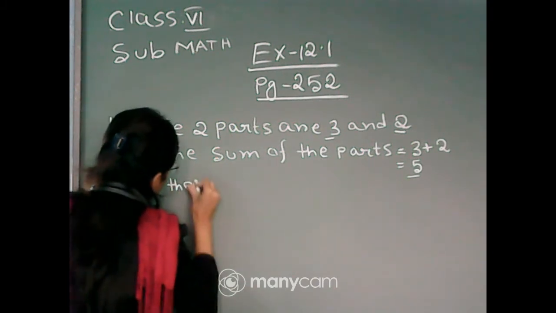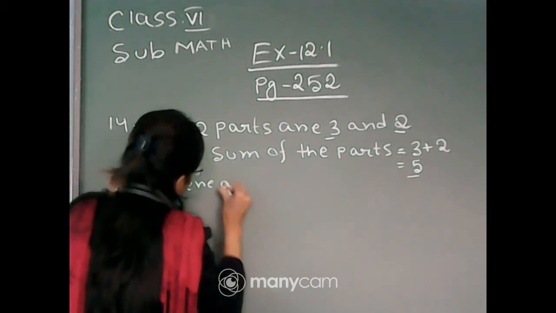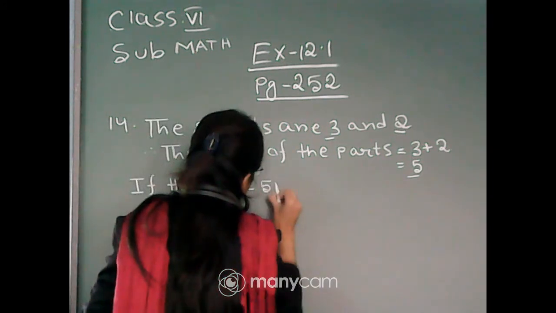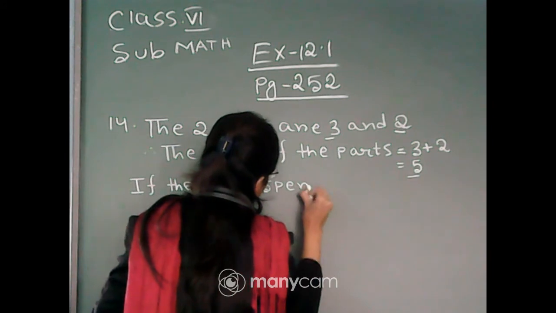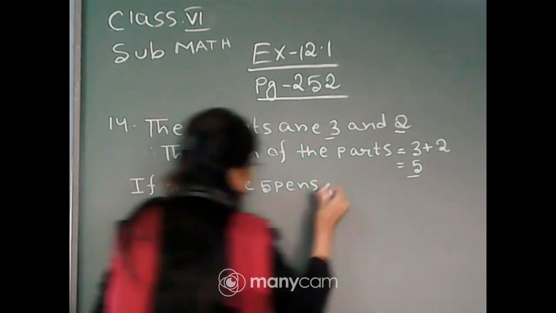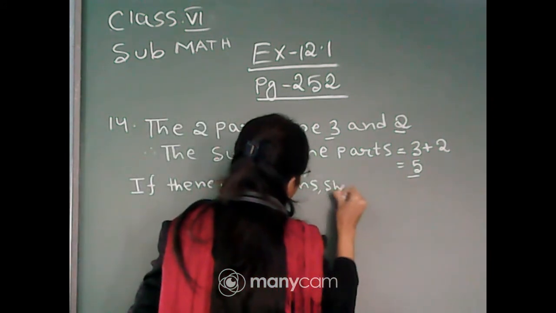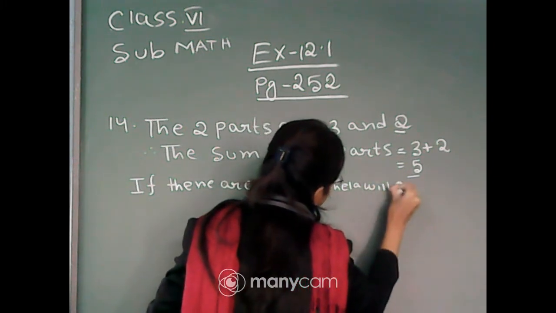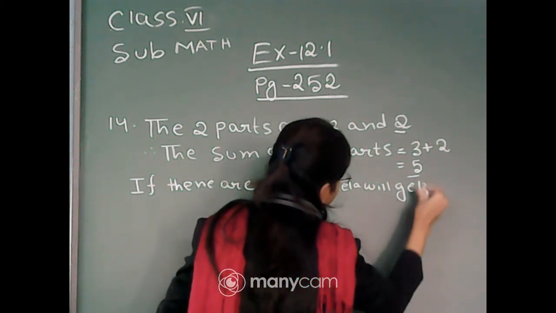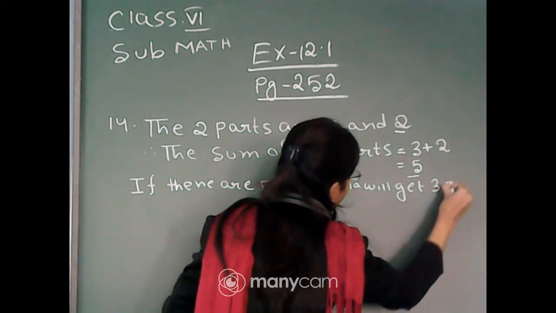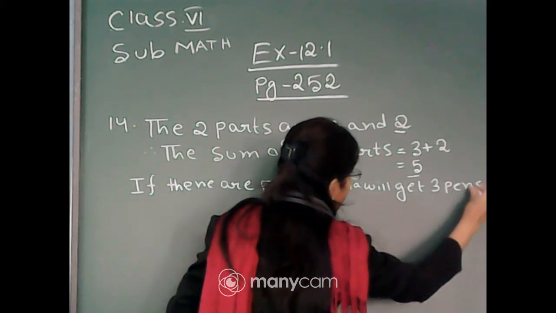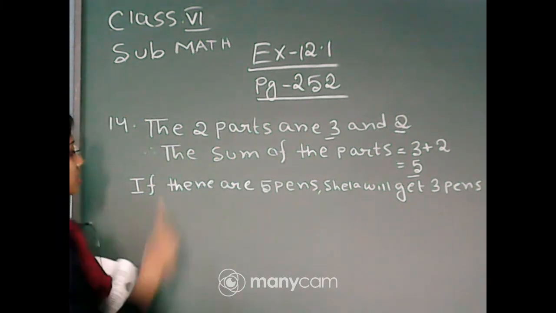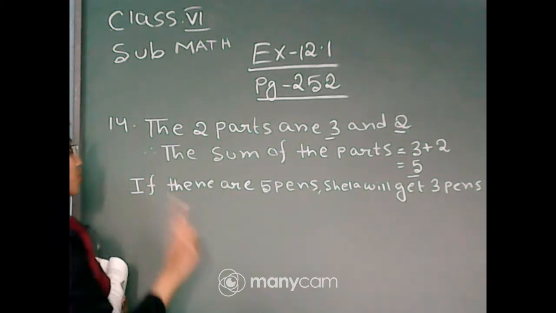If there are 5 pence, Sila will get 3 pence.